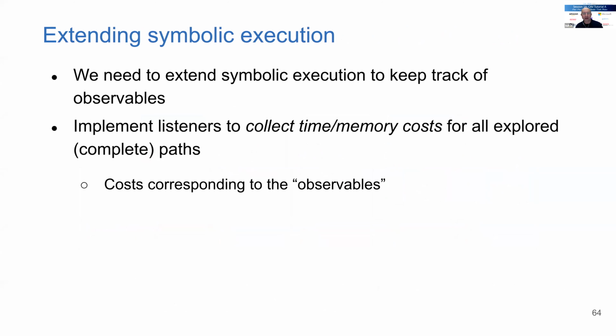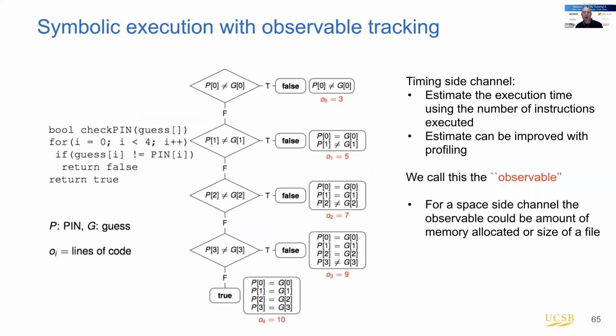And one thing you need to do is to track this observable value. Symbolic Pathfinder is an extension to Java Pathfinder, and Corina Pasareanu extended Symbolic Pathfinder with this kind of analysis where they were tracking observable values. This is the project we collaborated on.